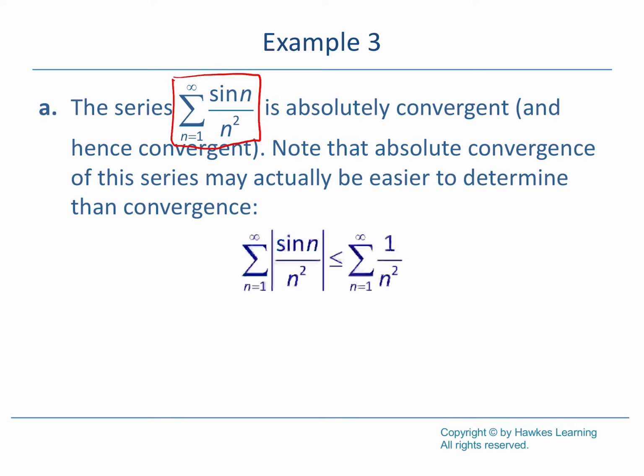We could prove that it converges using something like a direct comparison test, where the series is bounded above by 1 over n squared, a convergent p series. And so, yes, it's absolutely convergent.